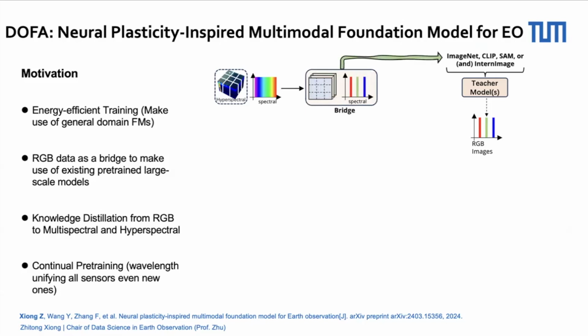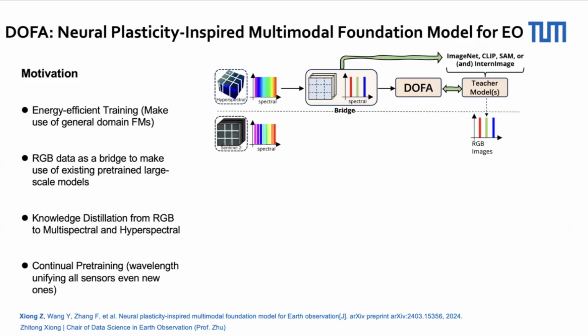Thanks to DOFA accepting flexible numbers of spectral bands, we propose to sample a subset of spectral bands from the original hyperspectral data, like we just sample the 3 RGB channels, and we input it to DOFA, and we also input this sampled subset of the input image to the teacher model. We use DOFA to mimic the teacher model. So we can do the knowledge distillation using this mechanism. And similarly for the multispectral data.